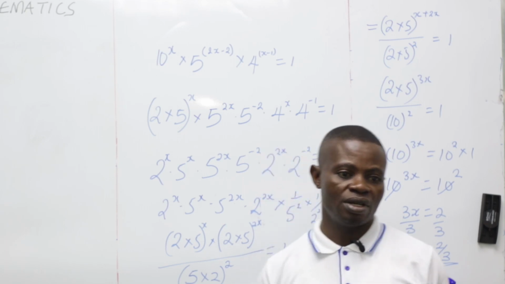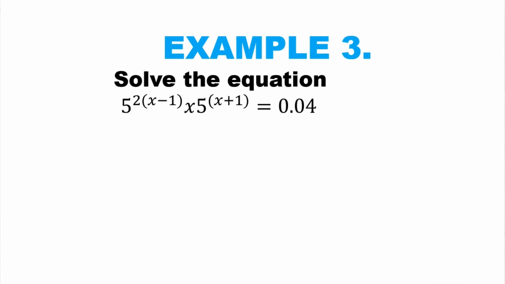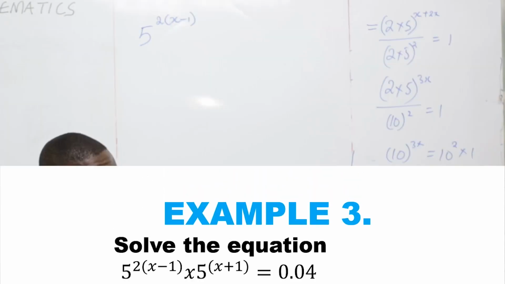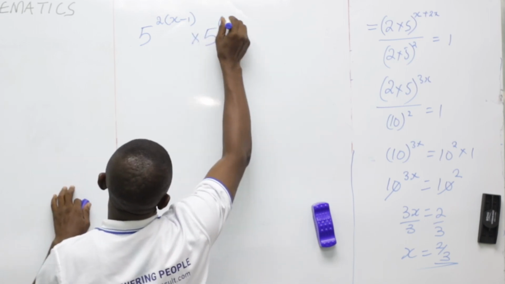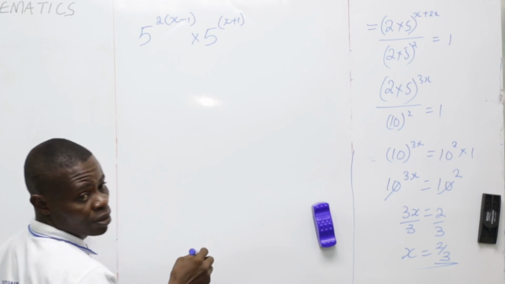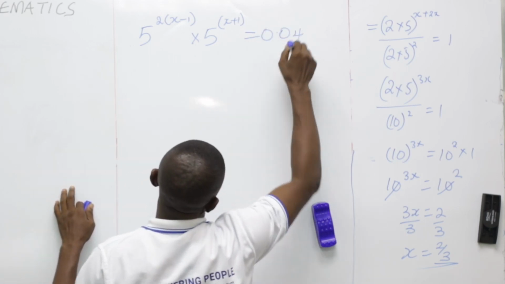The next, you have 5 raised to the power 2 into x minus 1, multiplied by 5 raised to the power x plus 1, f of n equals 0.04.